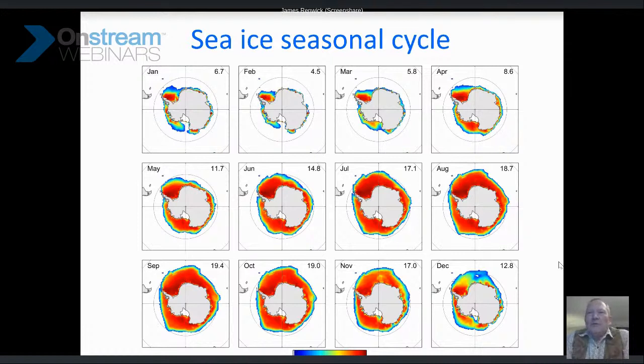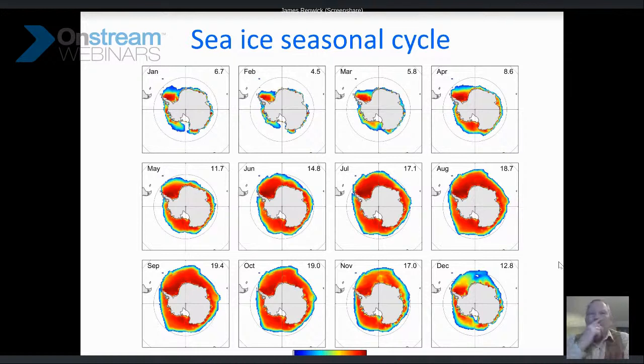Just to explain what's going on here, these graphics come from a collation of satellite estimates of sea ice concentration. Since the late 1970s, the reliable record starts in 1979, so just over 40 years ago now, we have these satellite-based views of the whole globe, but the southern oceans, and the microwave instruments can basically see down to the surface pretty much all the time.